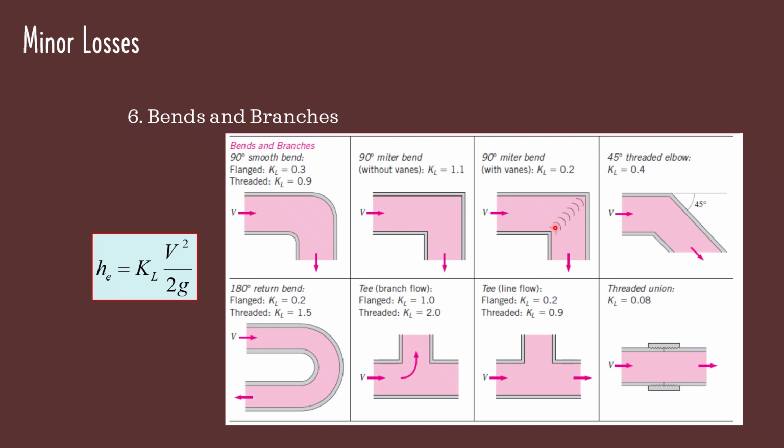It is because it helps the water flow easily. And then if you see the branch, it has a radius or something to help the flow easily, so the KL will be minimum.